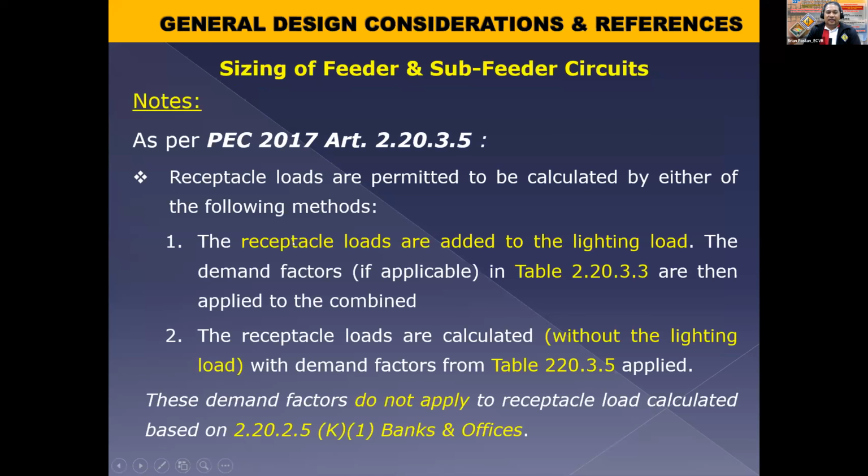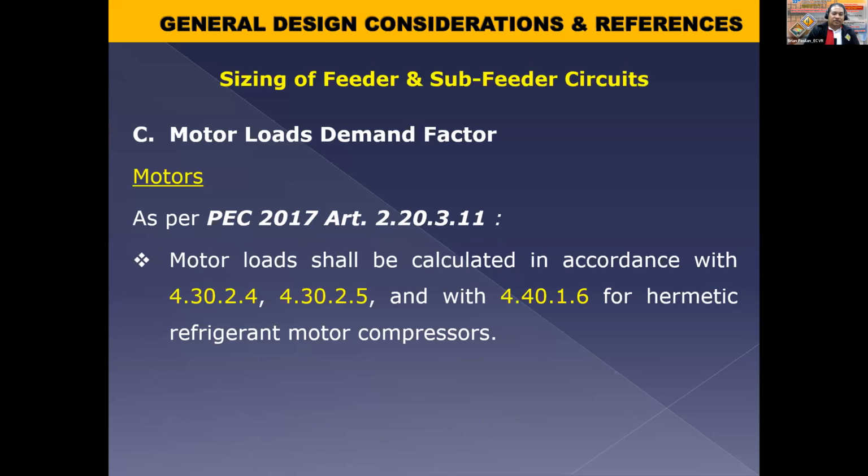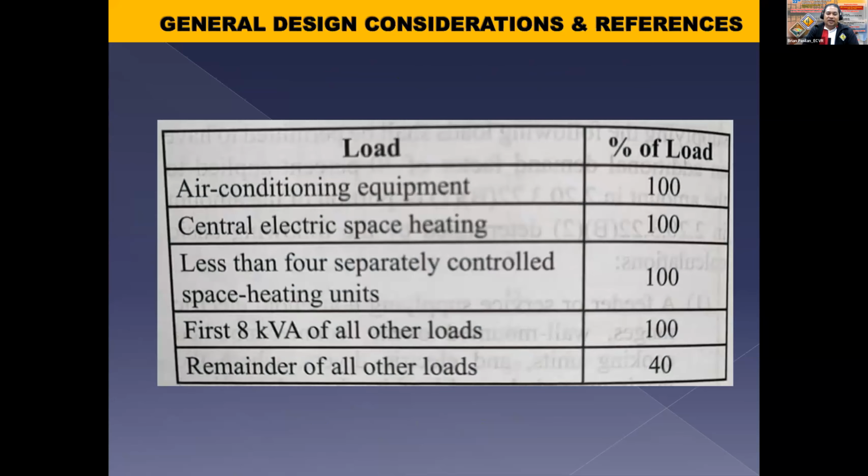The receptacle loads are added to lighting load, if applicable. Ito yon sa mga dwelling units. Sa mga non-dwelling units, ito yon. Separate talaga. So these demand factors do not apply to outlets based on 2.20 for banks and offices, for non-dwelling. Okay?